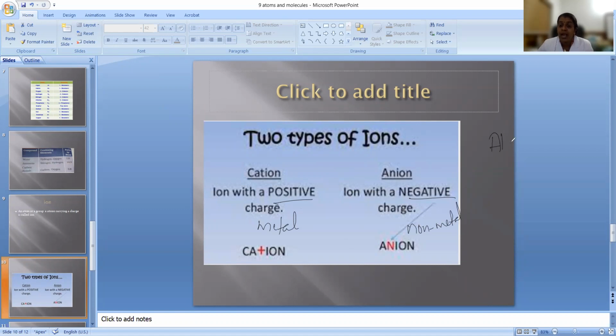Aluminium is leaving electrons. If it is leaving 3 electrons, it becomes 3+. Whenever an atom leaves electrons, it gets a positive charge. Suppose oxygen or chlorine is gaining 1 electron. Whenever an atom gains electrons, it becomes negative.